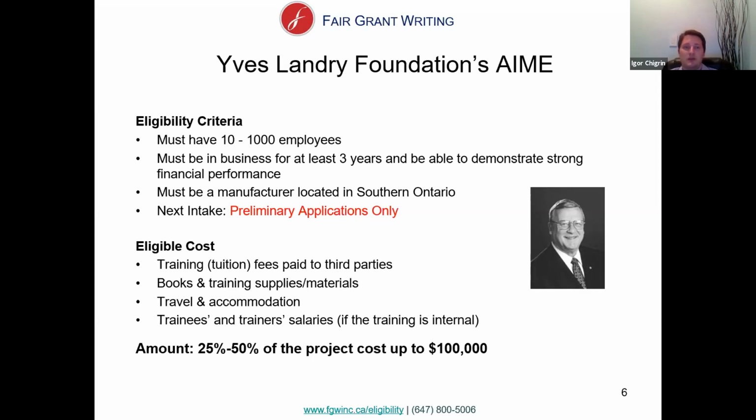When the program gets funded again, and the program typically gets funded once a year, you will be contacted by the program and invited to submit the main application. But if you don't have your preliminary application in, chances are that you will not be invited. So keep that in mind. Even though the program does not formally accept applications, you are definitely welcome to submit the preliminary application.